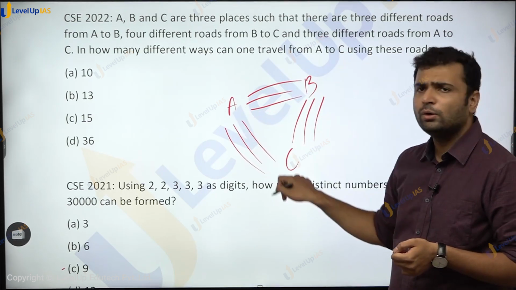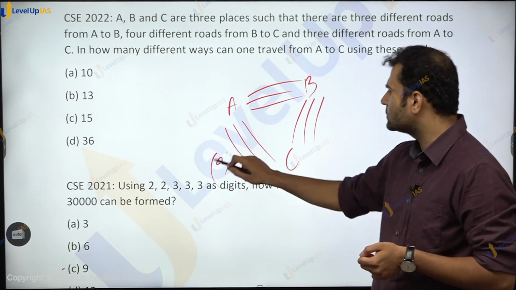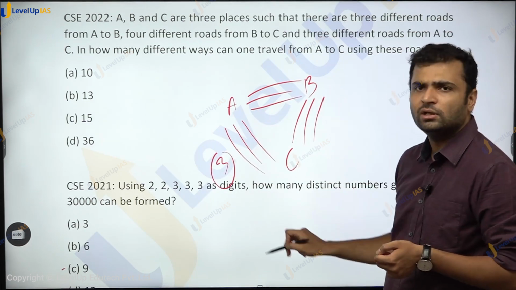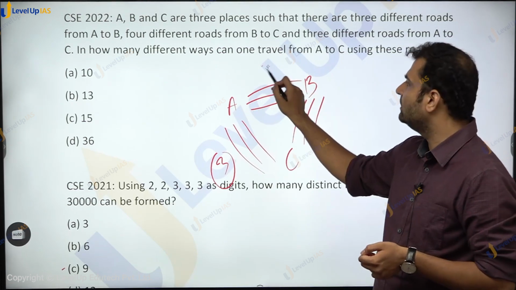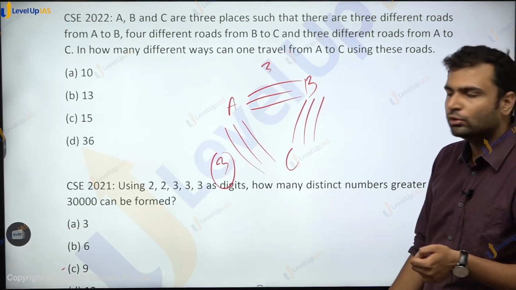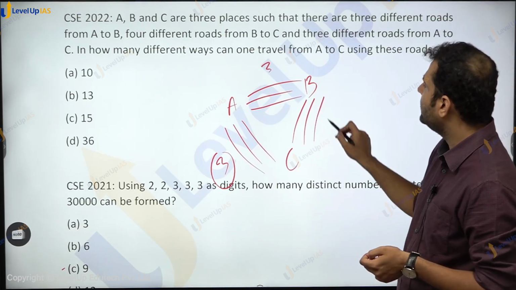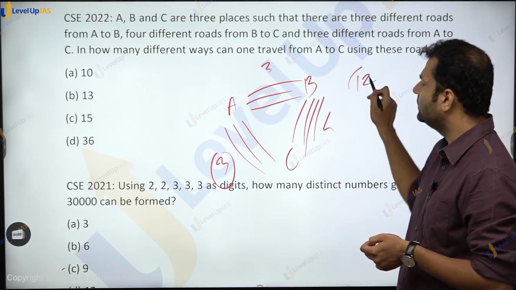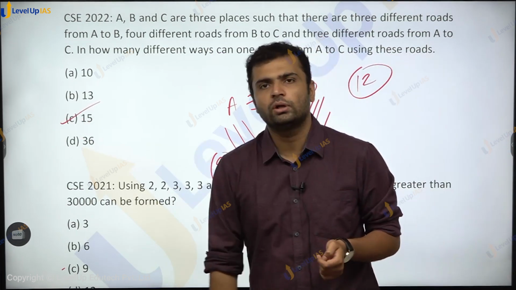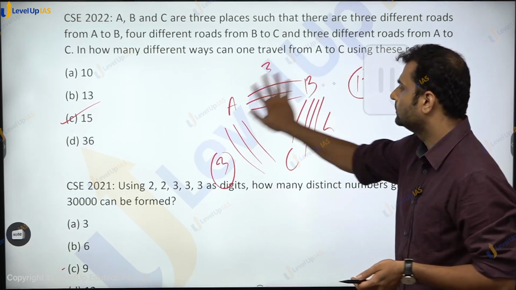From A to C we can take these three direct roads, or we can go A to B and B to C. We have to choose a path from A to B, so there are 3 ways to do that, and a path from B to C, so there are 4 ways to do that. So 4 into 3, 12 ways. 12 plus 3, 15 total. Easy.